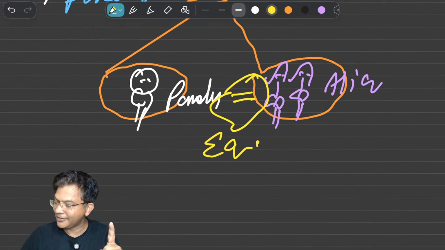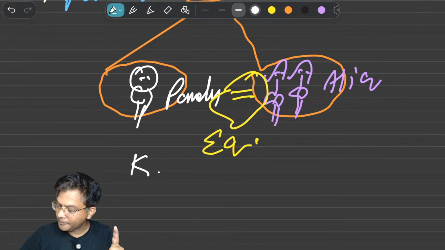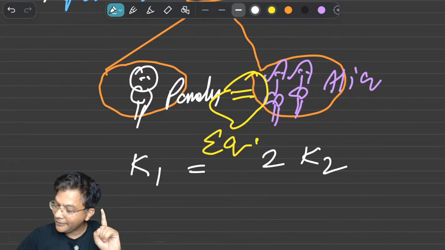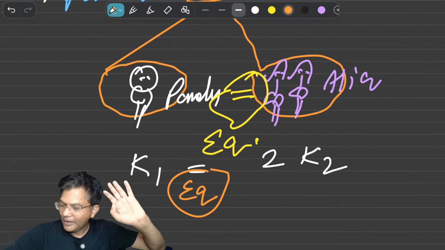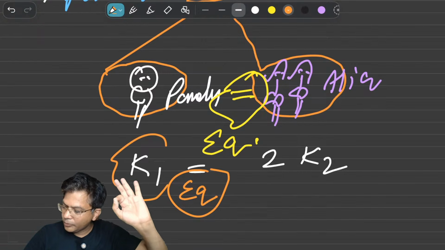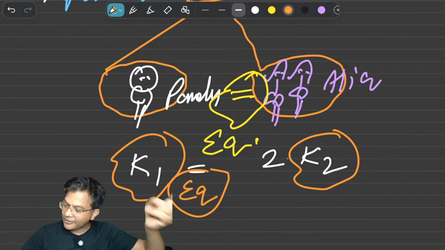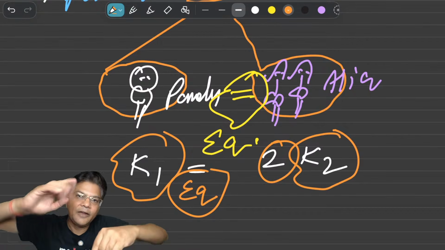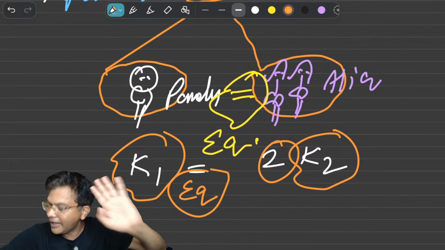So if Pandu is K1, then twice of Alia, only then can we put this equilibrium sign, because K1 was more, K2 was less. To make it equivalent, we have to multiply. If somewhere an equal sign is added and we are multiplying that side, that means that thing is less in amount.